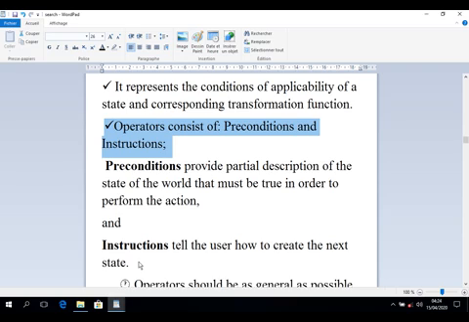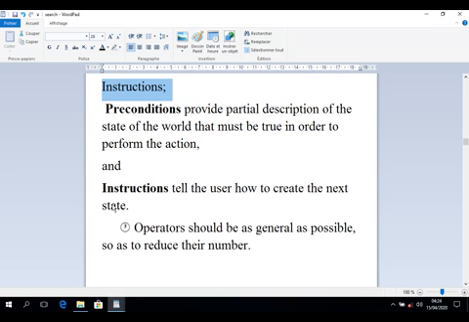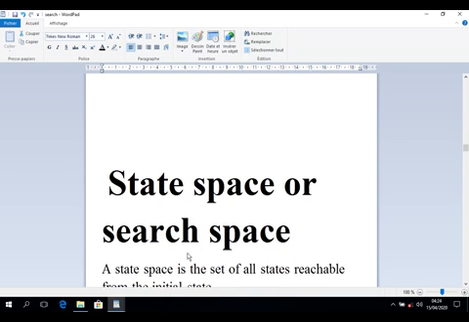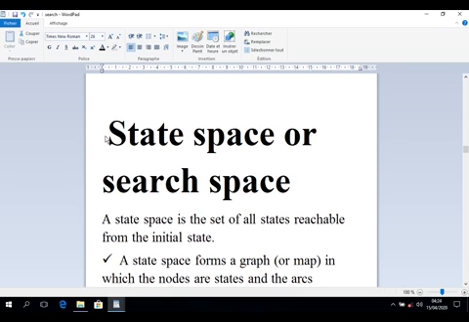You see, if the empty space is on the third row, you cannot apply the down action. Is it okay? So that is the precondition. To apply the down action, make sure that the empty space is either on the first row or on the second row. Fine.